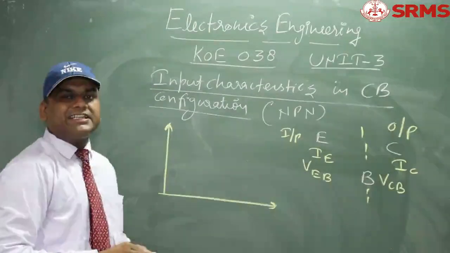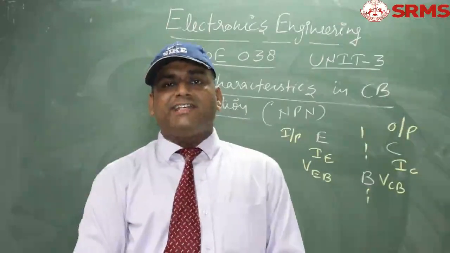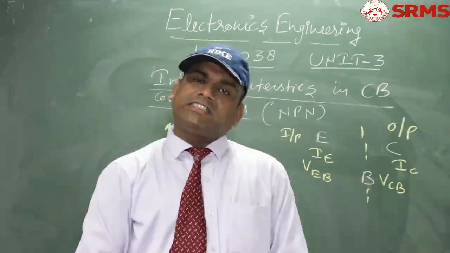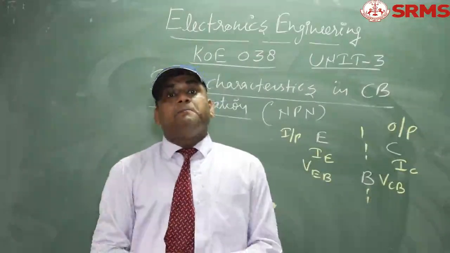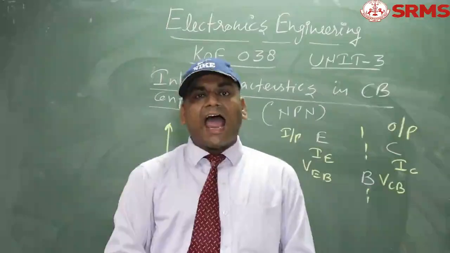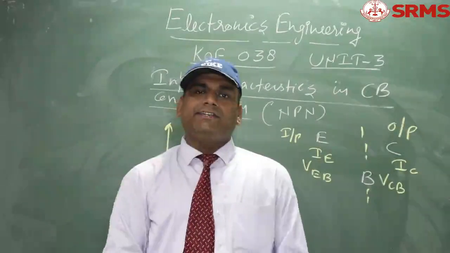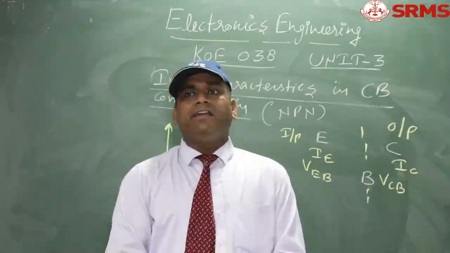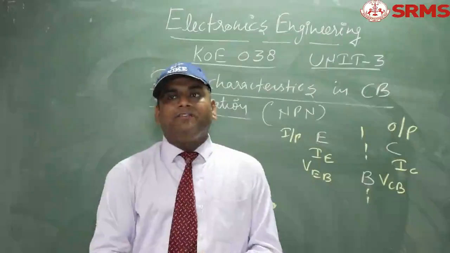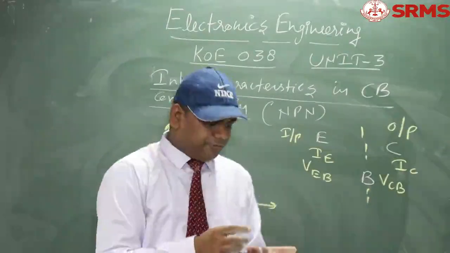the input characteristic. Input characteristic is plotted between the input voltage and input current. I'm again repeating, input characteristic is plotted between input voltage and input current for the given value of output voltage.